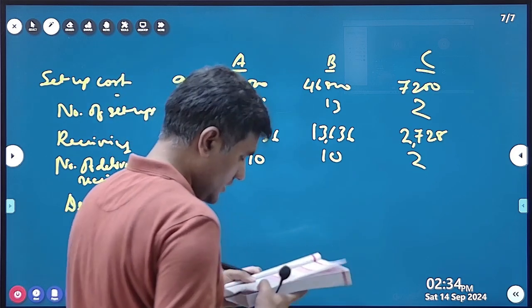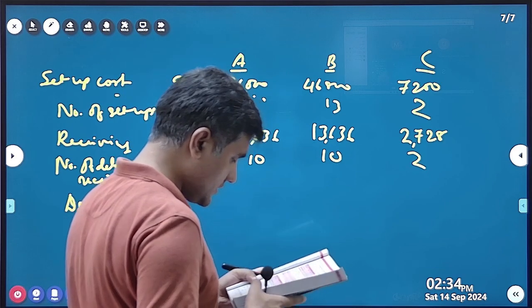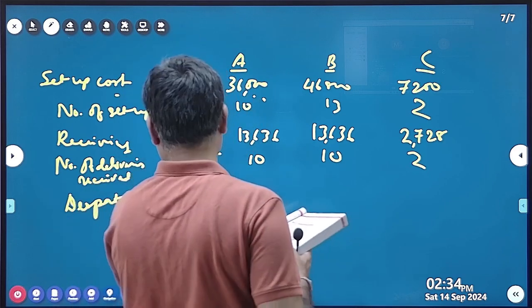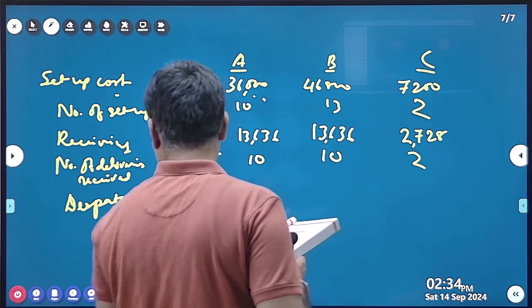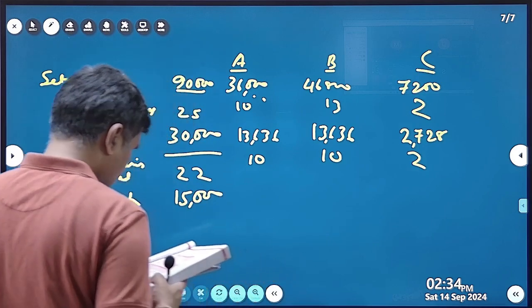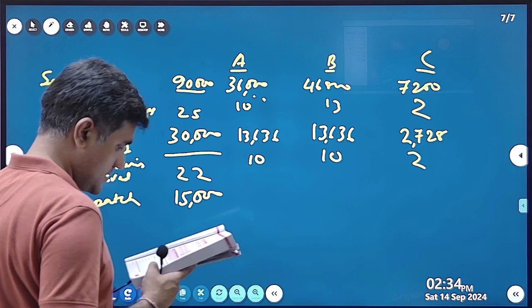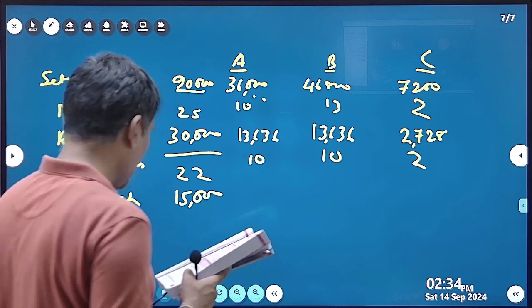Then next cost is dispatch. For dispatch, what is the cost? 15,000. So what is the cost driver for dispatch?